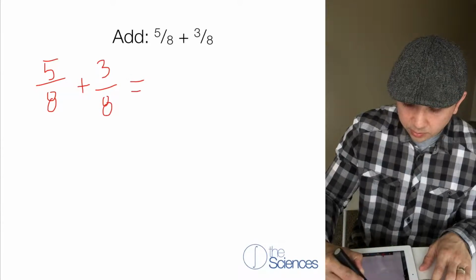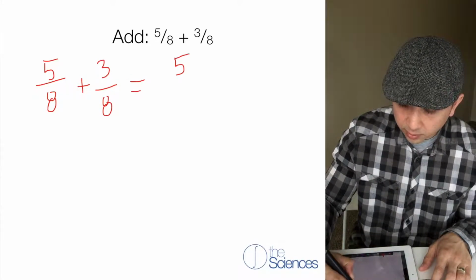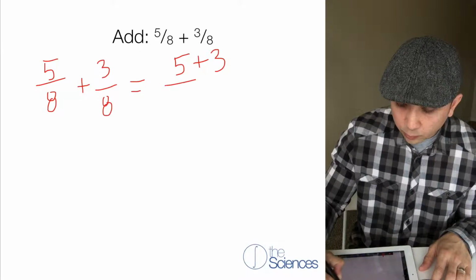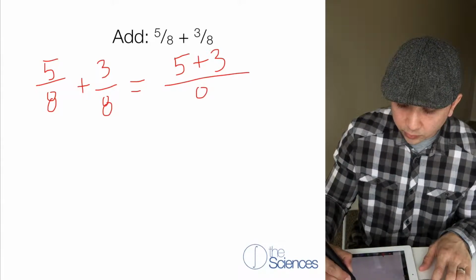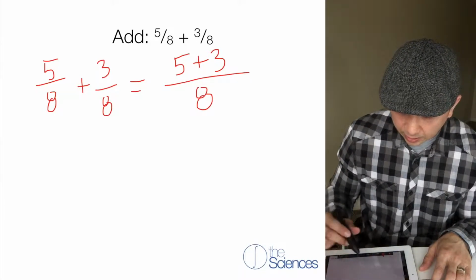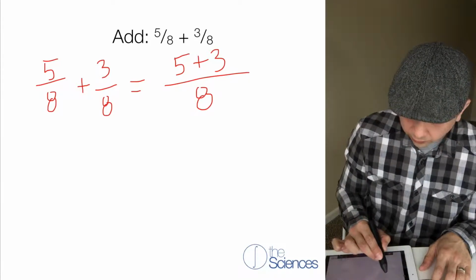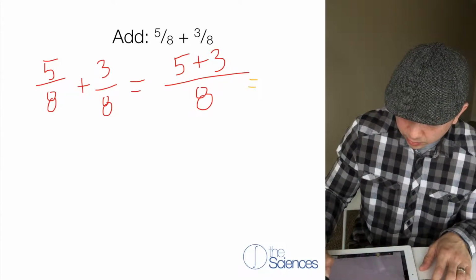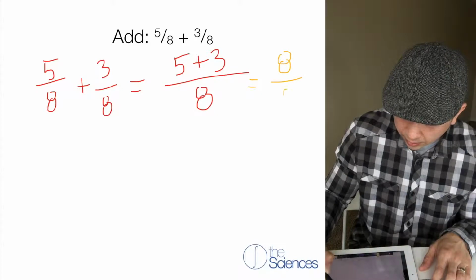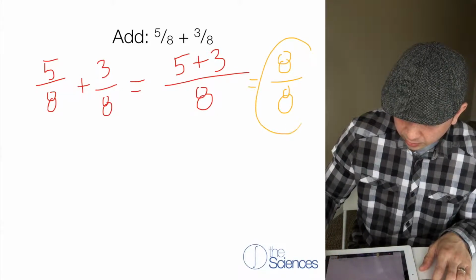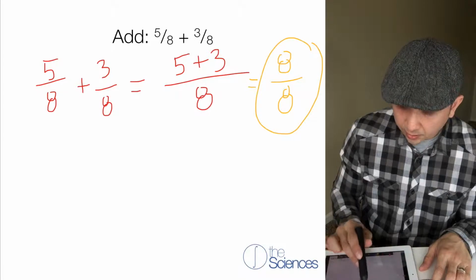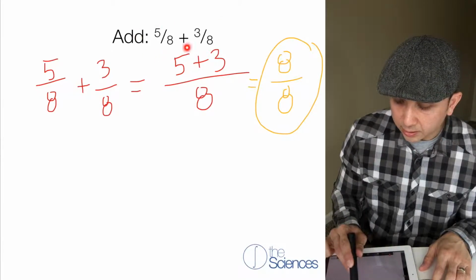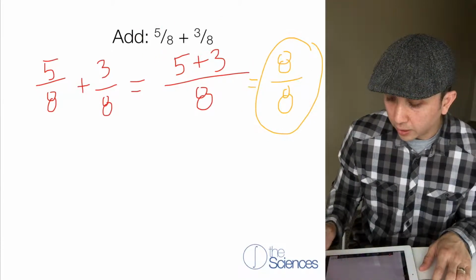All we're going to do is add the numerators, 5 plus 3, and then place that answer over the original denominator, which is 8. So now we have 5 plus 3 equals 8 over 8. So that's our answer. Adding 5/8 plus 3/8 gives us 8 over 8.